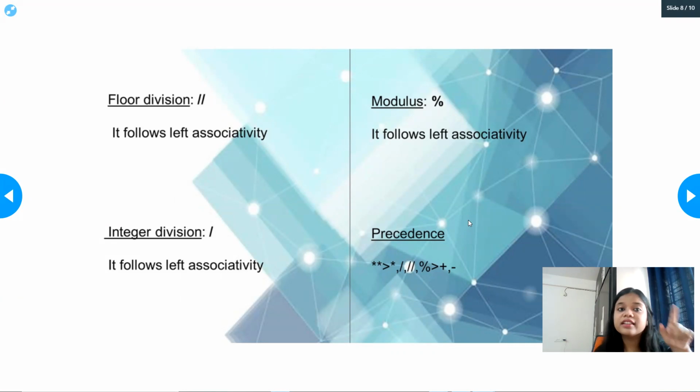If any of them is there, do that first. And if multiplication and division are both there, see which one is on the left and start with it, because it is left associative. So we use this for precedence when we have an expression with numerous operators.